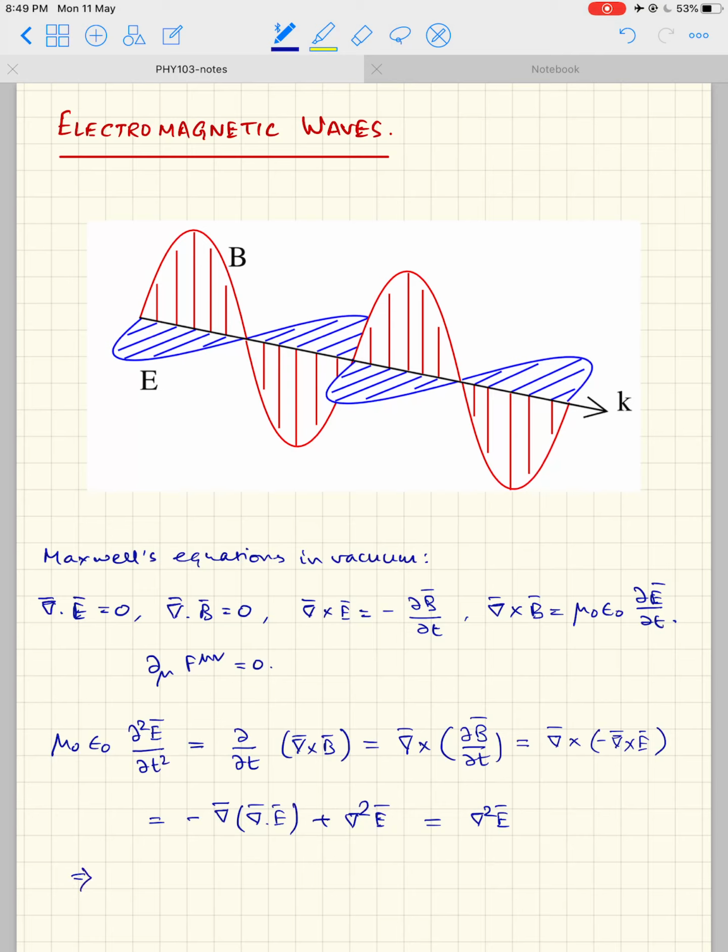So this essentially boils down to del squared E vector is equal to 1 over c squared del squared E del t squared. Similarly, you also have del squared B vector is 1 over c squared del squared B del t squared. Okay, so these are our wave equations.